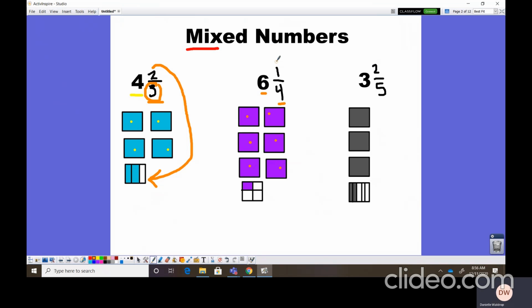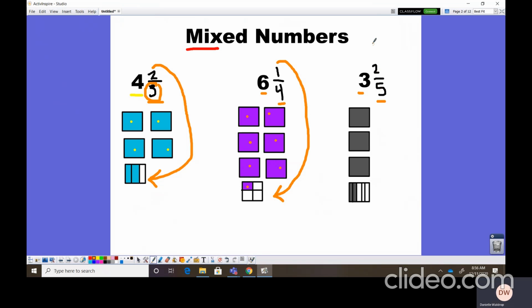And then to take care of my fraction, I have to draw another box the same shape as my wholes up here. But this time I only wanted to color in the fraction, 1/4. So I divided my whole box here into fourths, 1, 2, 3, 4, but I only colored in one of them. So 6 1/4. This one here, I would read 3 2/5.